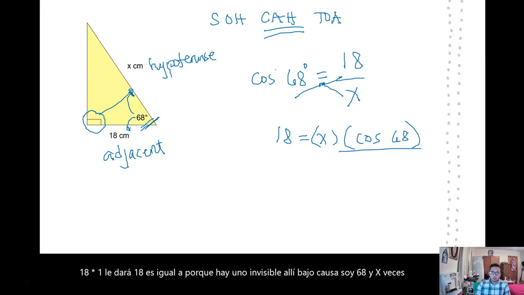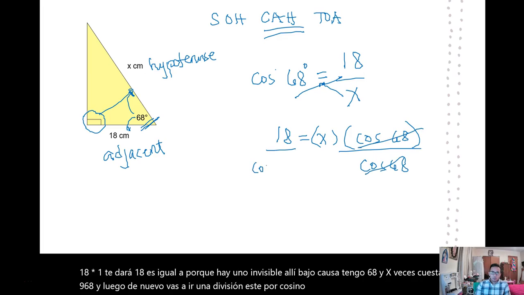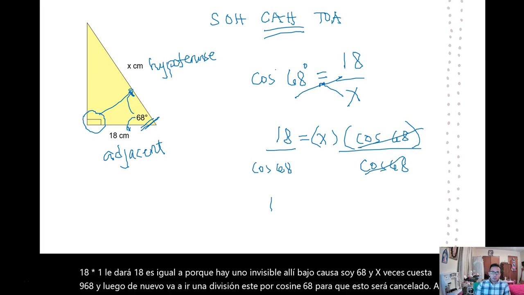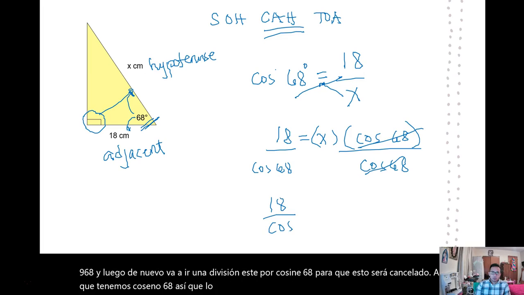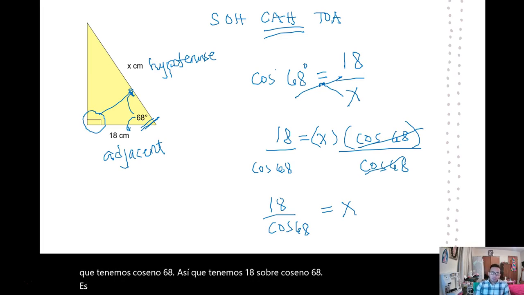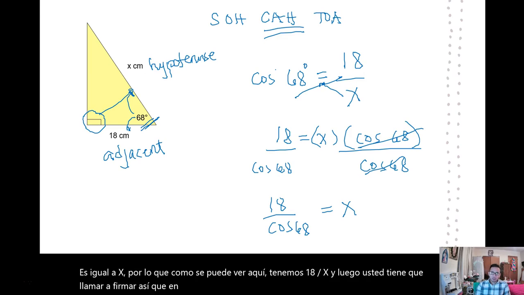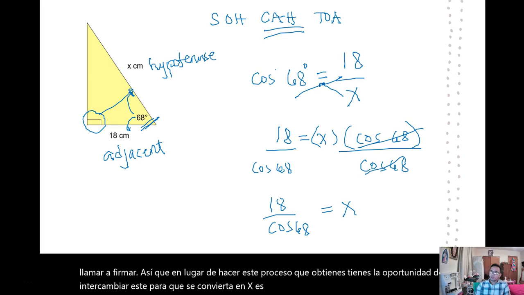Then you divide by cosine 68 so that it cancels. So we have 18 over cosine 68 is equal to x. So instead of doing this process, you have the chance to exchange them, so x is equal to 18 over cosine 68 immediately if you have this type of problem.